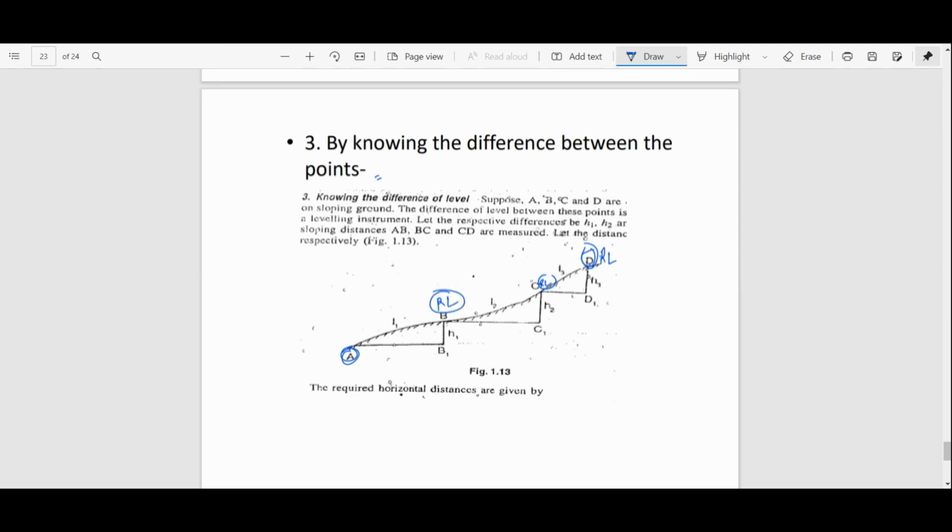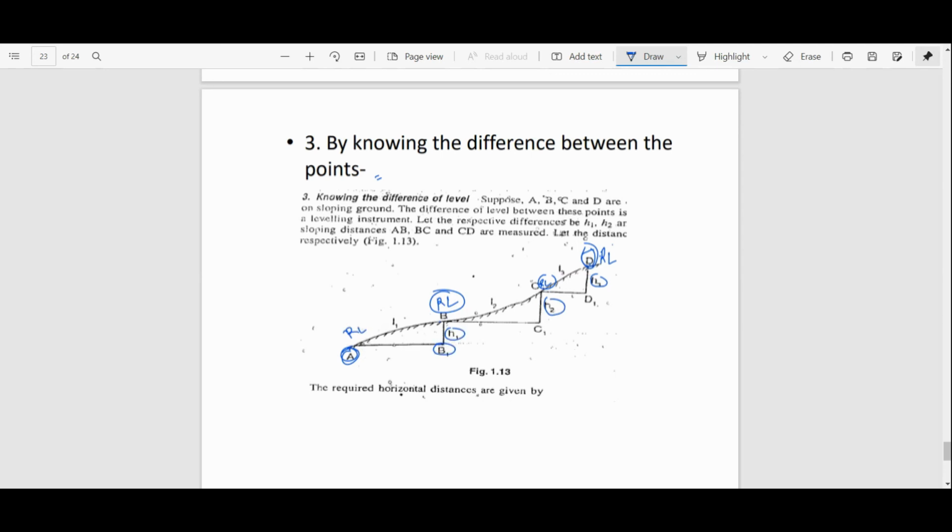Now we know the vertical distances: RL of D minus RL of C gives this H3, RL of C minus RL of B gives H2, and RL of B minus RL of A gives this H1.